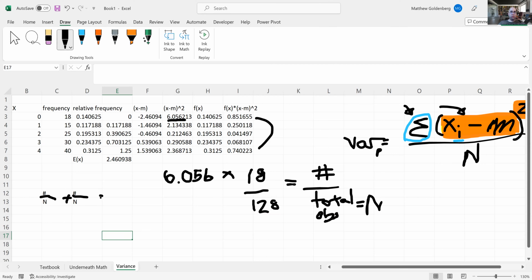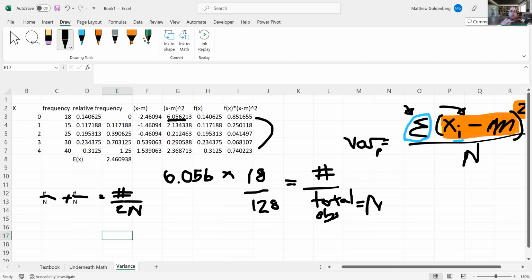If you remember your rules of fractions from high school algebra, this does not become some number over 2n, for example. You don't add these n's together and get 2n. You have a common denominator.